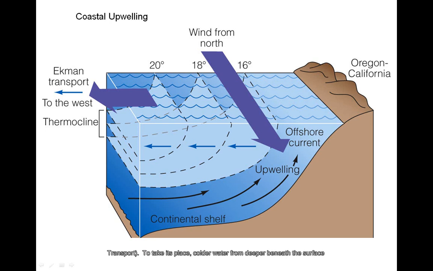To take its place, colder water from deeper beneath the surface will upwell along the coastline. Now, this is going to give California its colder than expected ocean water, but also provides the nutrients to support the huge amount of marine life along our coastline.